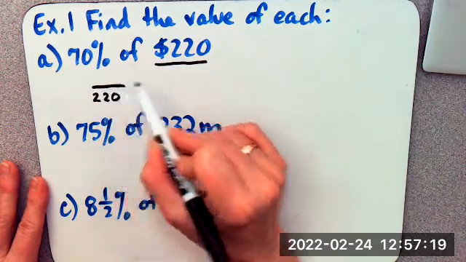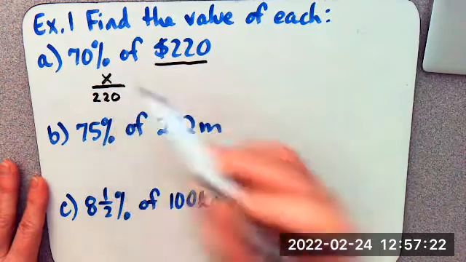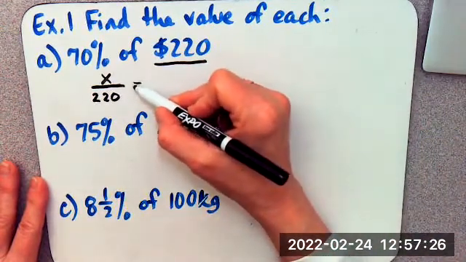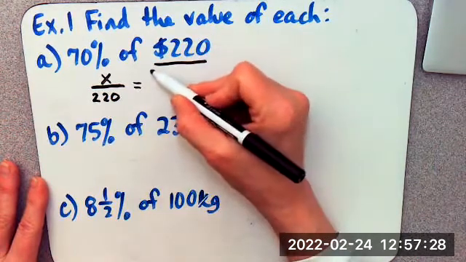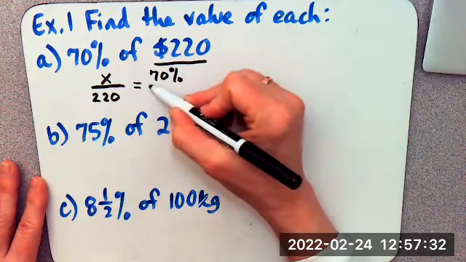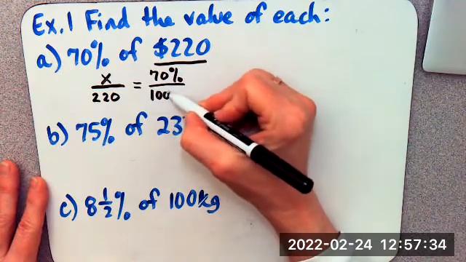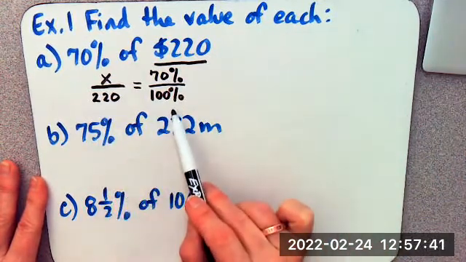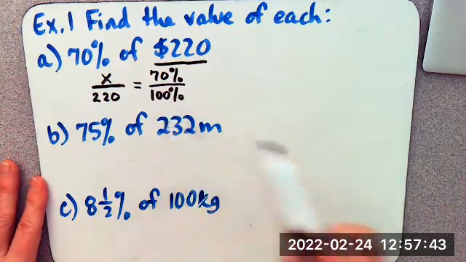We do not know what 70% is yet of 220 in an amount, but we can find it by writing 70% over 100%. And now we have a ratio because 220 is 100% of the total.